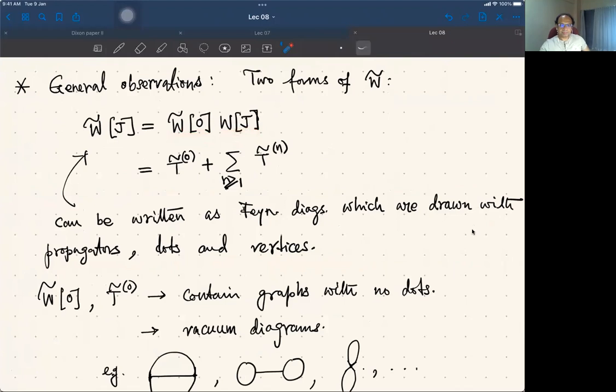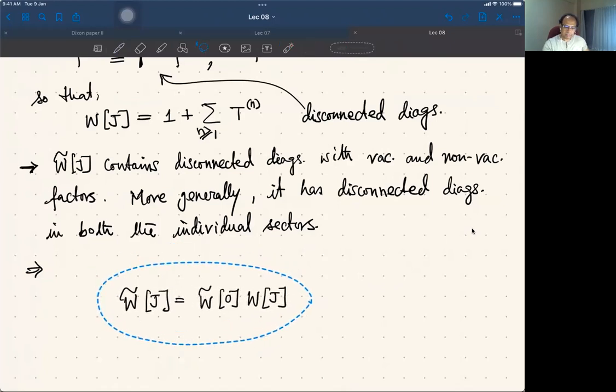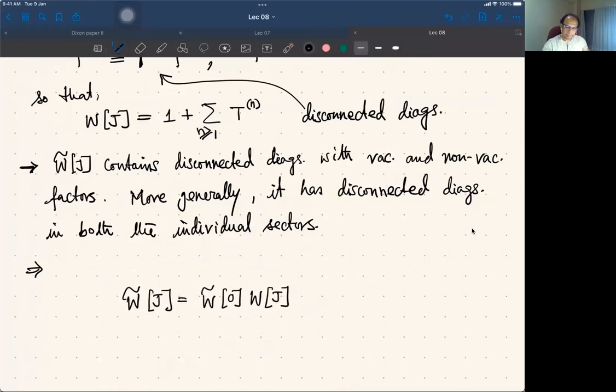Now our goal. To summarize, W tilde J has the form W tilde 0 times Wj. What we learn is that this one is the vacuum sector, and this is the non-vacuum sector.